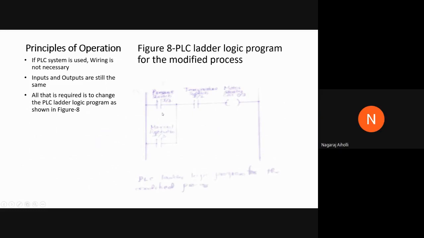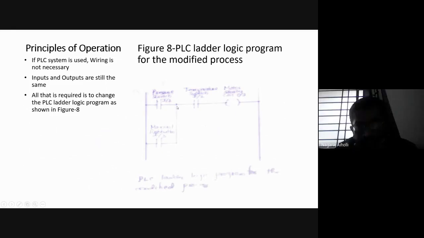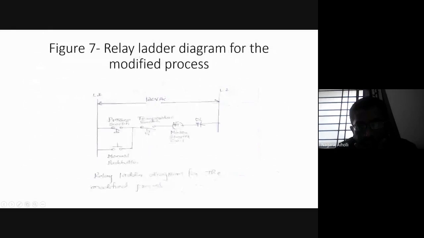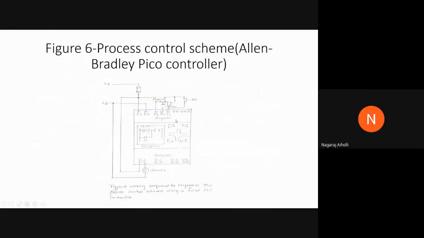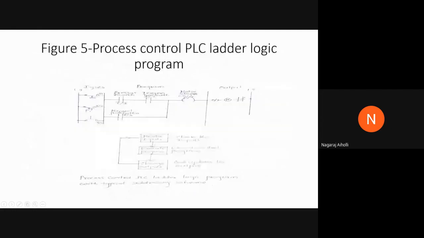You can see the pressure switch, temperature switch, motor starter coil and the manual push button switch. Whatever we had drawn earlier is the same, only the connecting points are different. The switches remain the same. Pressure switch is the same, it's a contact, right? And this is the temperature switch, everything is the same.